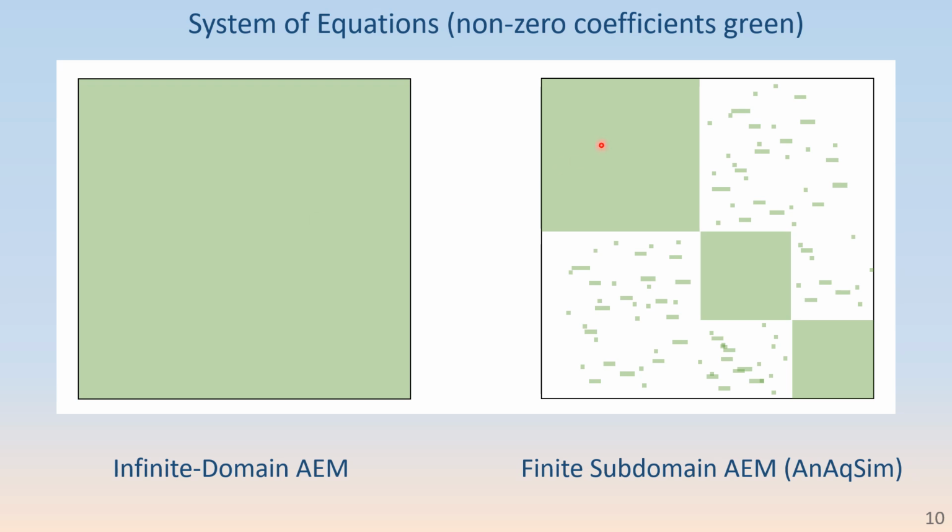One is when you're evaluating the head or the discharge or the velocity at a point within a subdomain, it's only making use of elements that are internal to that subdomain or on its external boundary. So it only uses that many equations, say, for this domain, and that many equations for this domain, and so on.